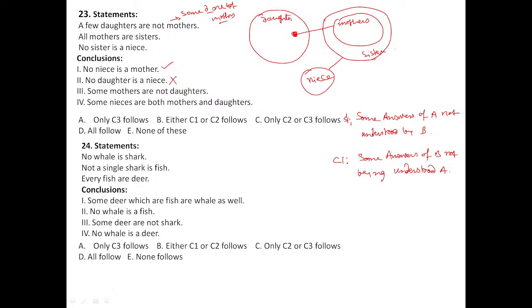If someone is saying that some answers of A are not understood by B, it in no way means that some answers of B are not understood by A. Supposedly you can understand that you could not understand some answers of your friend's writing. Does it mean that your friend will also not understand a few answers of yours?